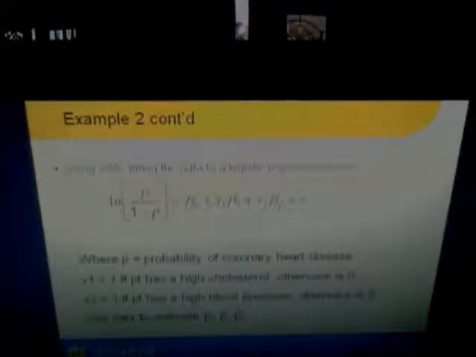So there's the equation, and we have P, the probability of coronary heart disease, and X1 is whether or not the patient has high cholesterol, so a 1 or a 0, and X2 is high blood pressure. So again, we want to get odds ratios with no high cholesterol as the control, or no high blood pressure as the control for the X2 variable.